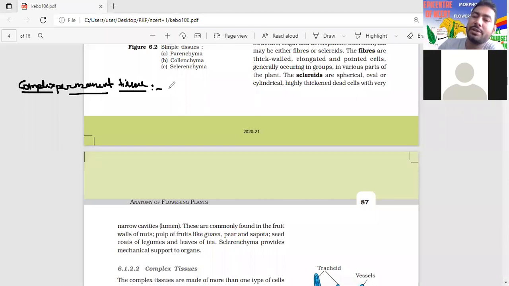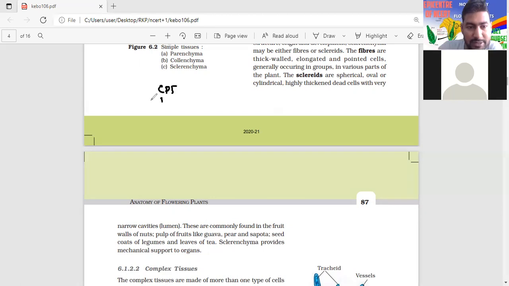This is also very important. Simple tissue has similar types of cells with similar function, but complex permanent tissue is classified into two different types: xylem and phloem.